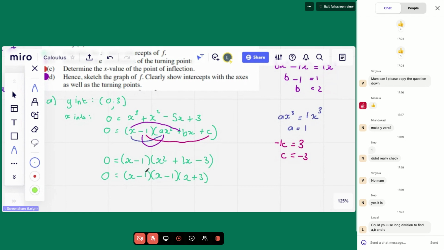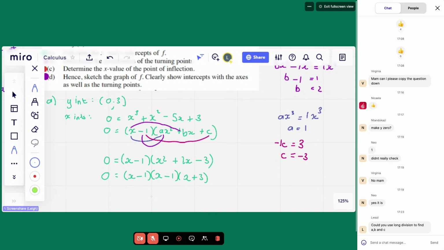Okay, so now something very important emerges over here. Can you see that we've got two brackets where we've got x minus 1 times x minus 1? Does anybody know what that means? Malu, do you know what that means for us if we see this? It means that we have turning points. Okay, so what it means, that's right.